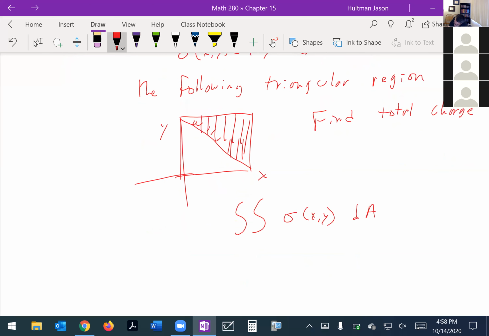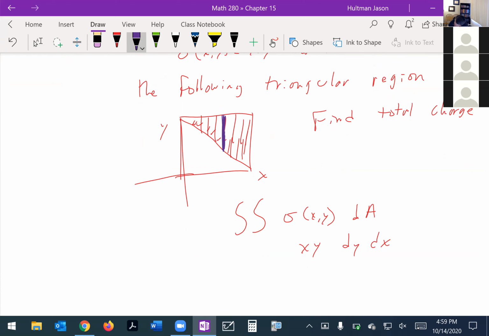Well, what was sigma xy? That was xy, and then we're going to go dy dx. That way I'm going to take vertical slices. If it's dy dx, I can take vertical slices. Let's do a vertical slice here.